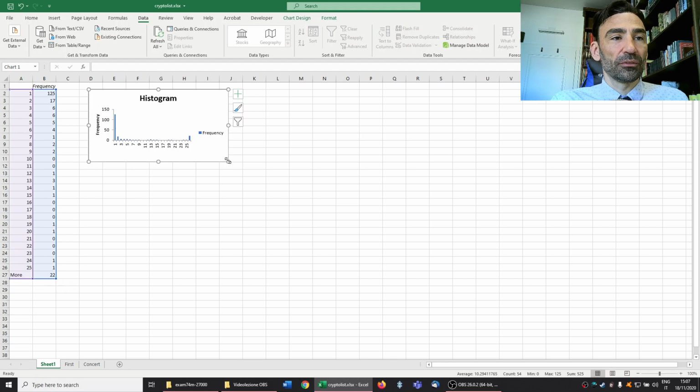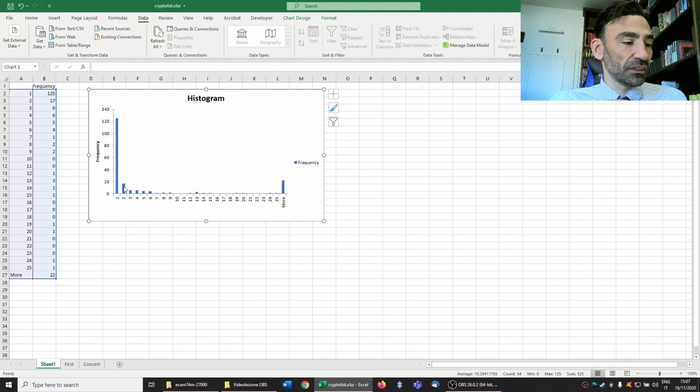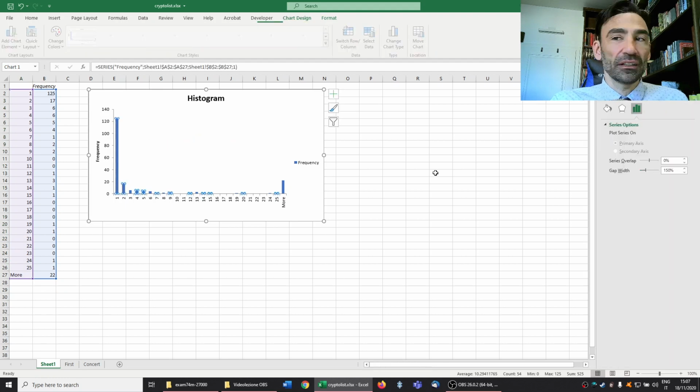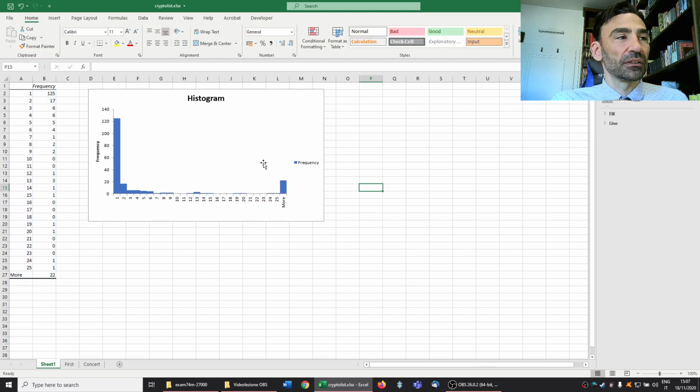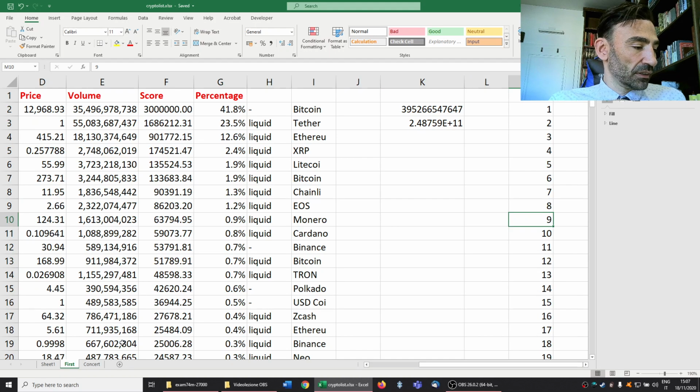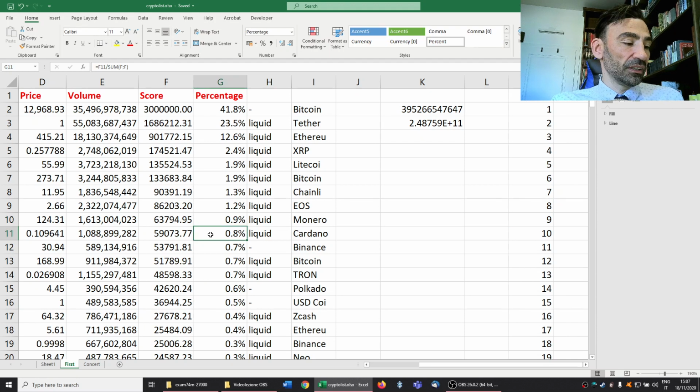Let's see whether the histogram is decent. It looks like mine, so double click, choose no gap. Here is the histogram. Save. Go back to sheet first. Copy the percentages column G into column A of a new sheet called exam, copying the values only. Please notice that I underline copying the values only, because percentage, as you can see, is a formula.